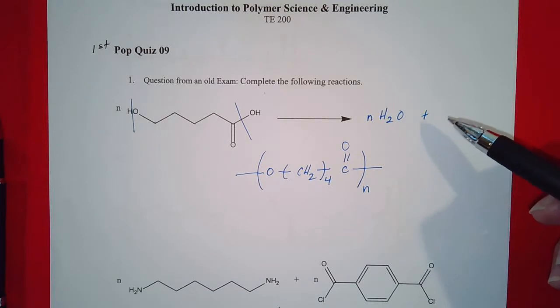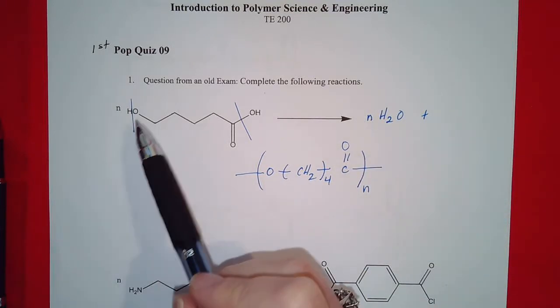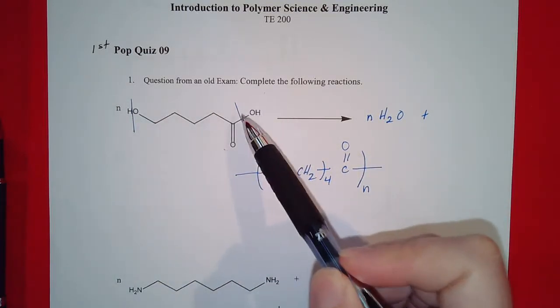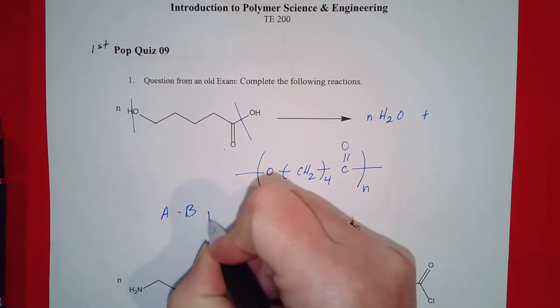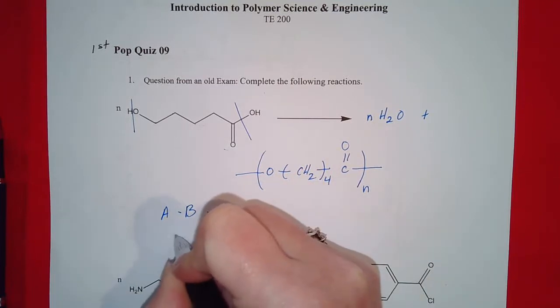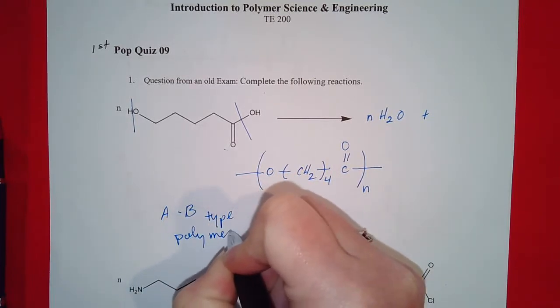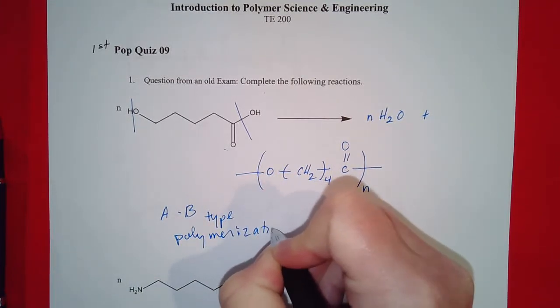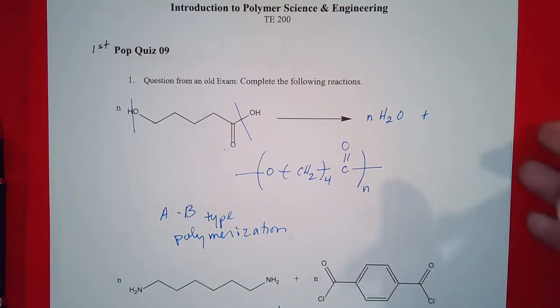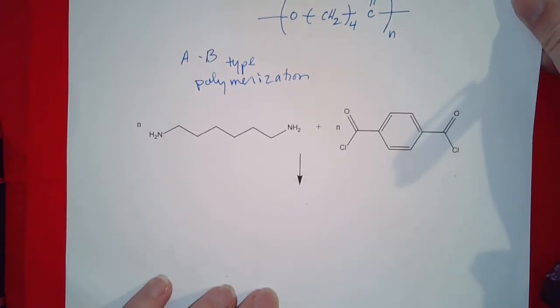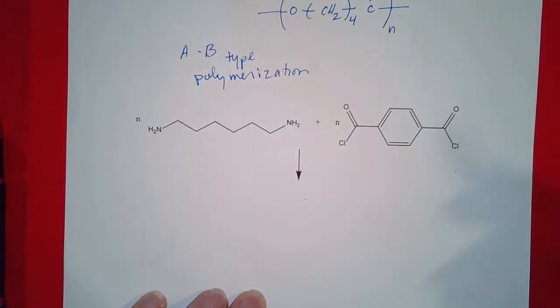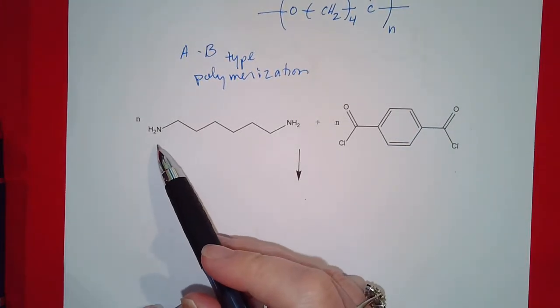So you might want to stop and think. We've got a hydroxy acid. So this is an A-B type polymerization. Okay. But if we look at the second part of this problem, the second reaction, we have 2 monomers.